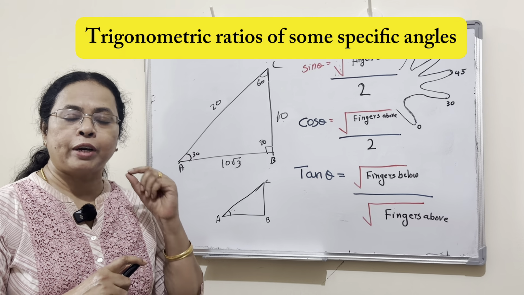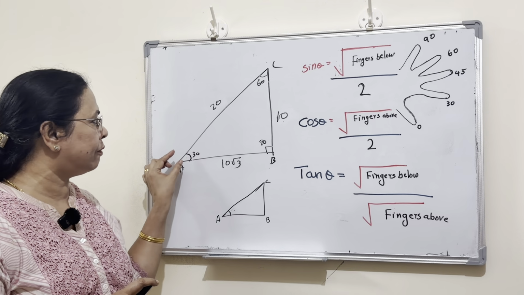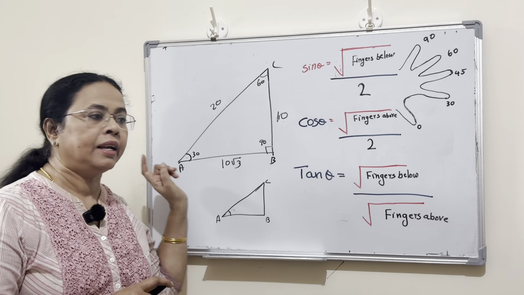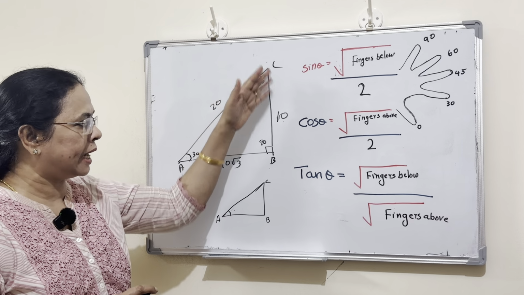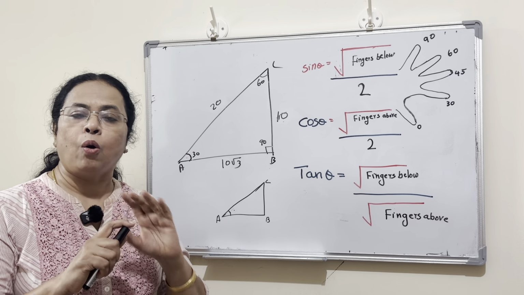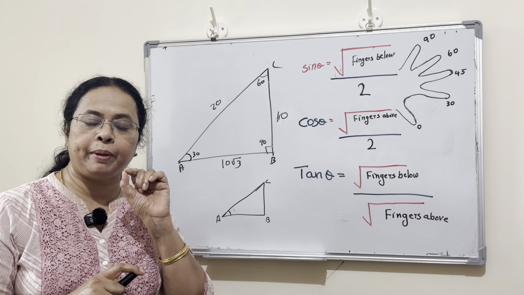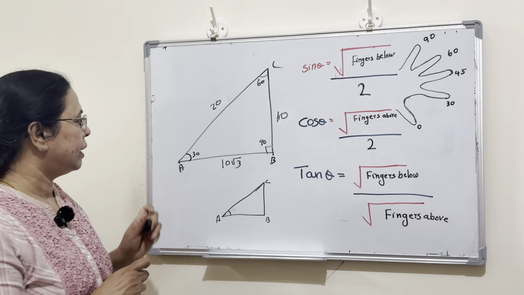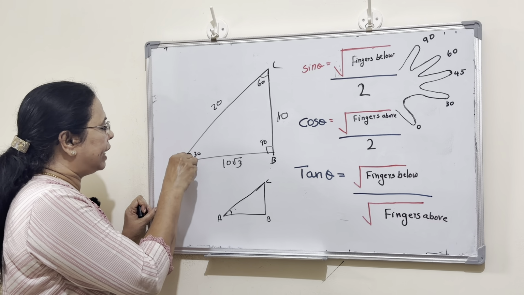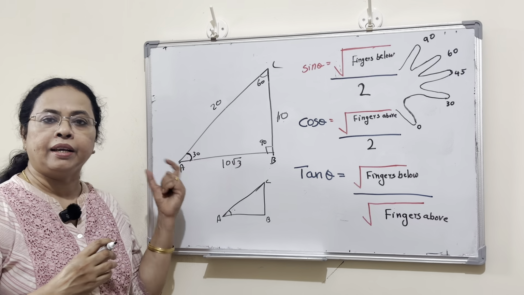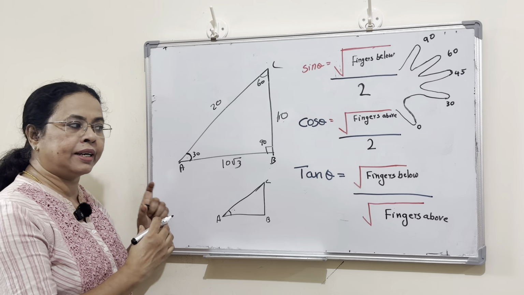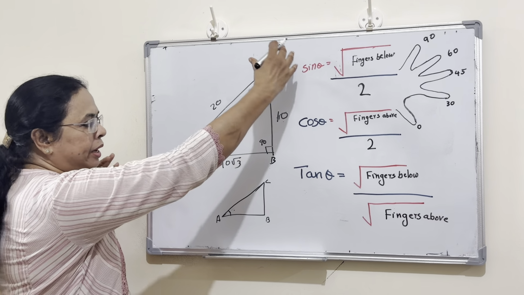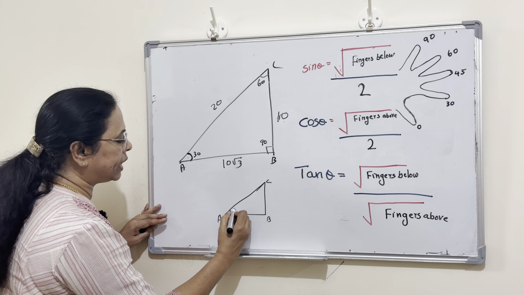That means for a particular reference angle in a right angled triangle, the ratios we are making, sine, cosine, tangent, will all be constant for that particular angle. Suppose our reference angle A is 30 degrees. Sine of angle 30 will remain constant whether this is a big triangle or a small triangle.